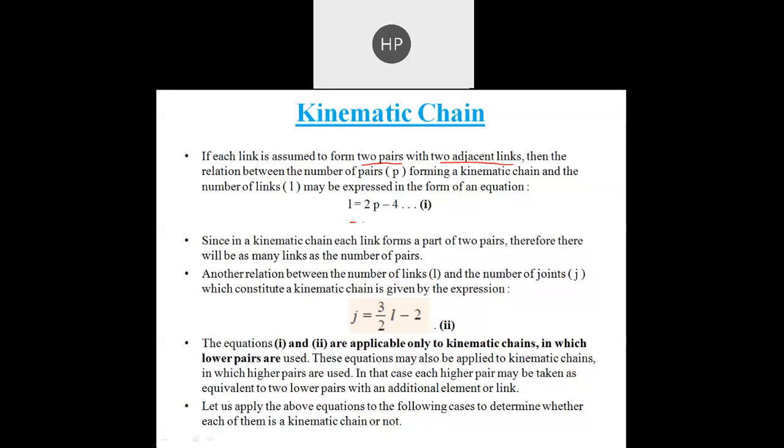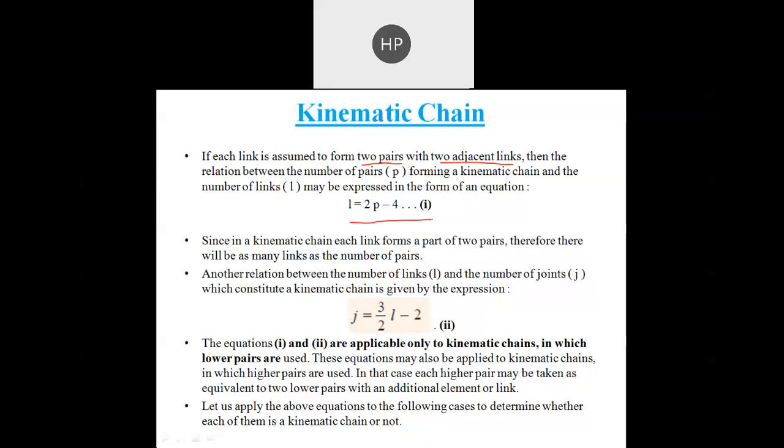This equation is important. Here L is the number of links and P is the number of pairs forming a kinematic chain.